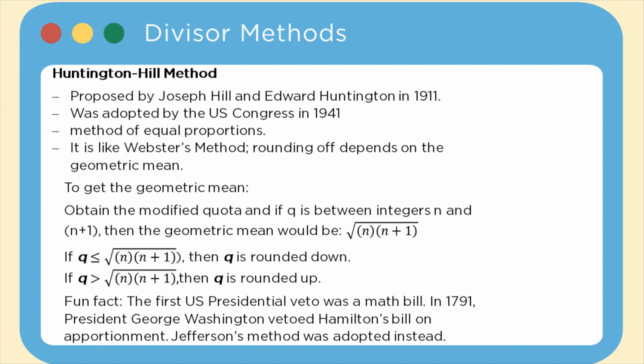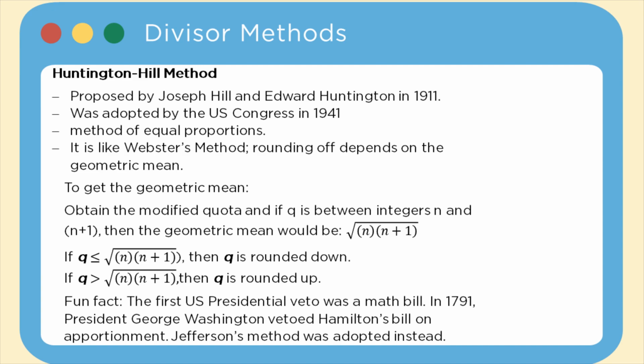At the geometric mean, we obtain the modified quota, and if the modified quota is between integers n and n plus 1, then the geometric mean would be the square root of the product of n and n plus 1. If the modified quota is less than or equal to the geometric mean, then it is rounded down. If the modified quota is larger than the geometric mean, then it is rounded up.